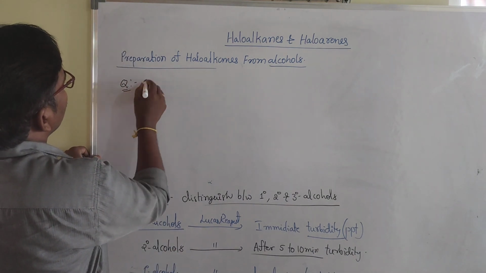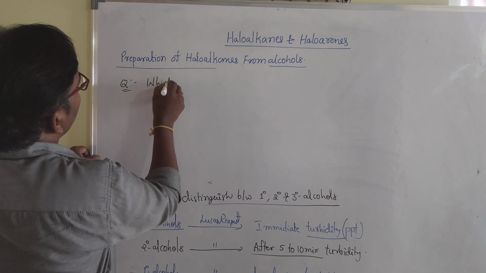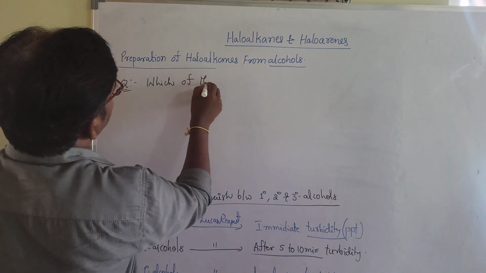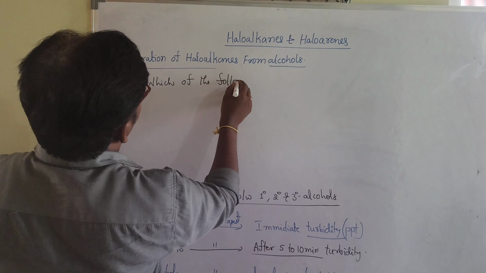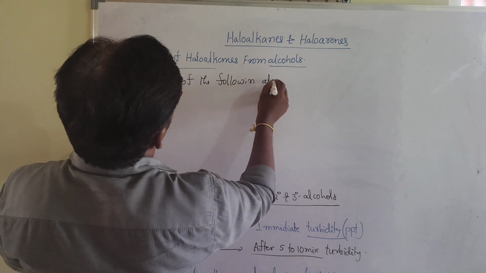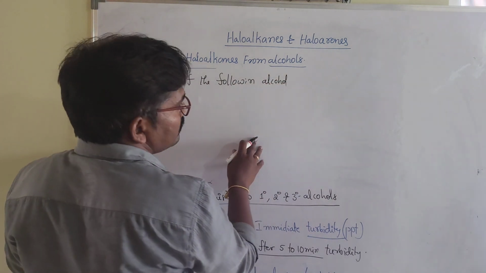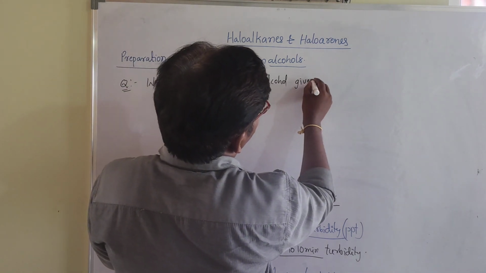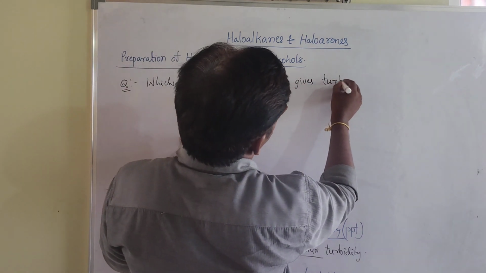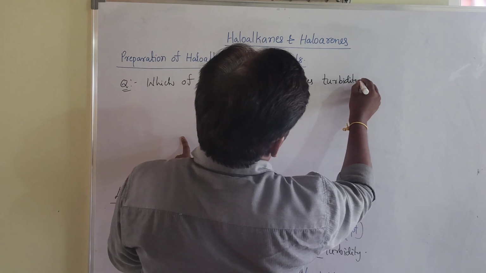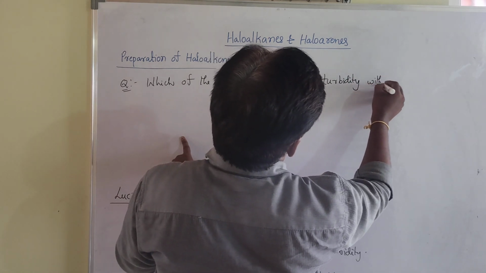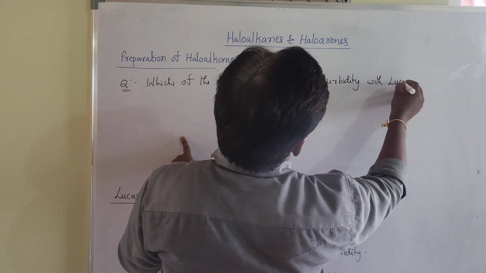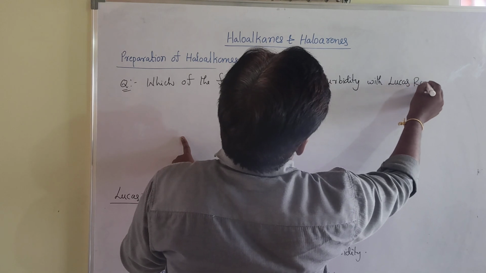Which of the following alcohol gives turbidity with Lucas reagent?